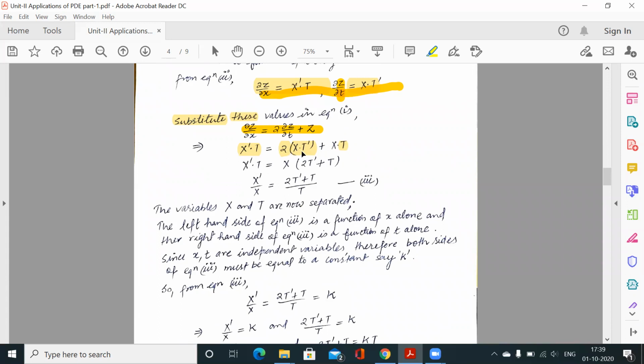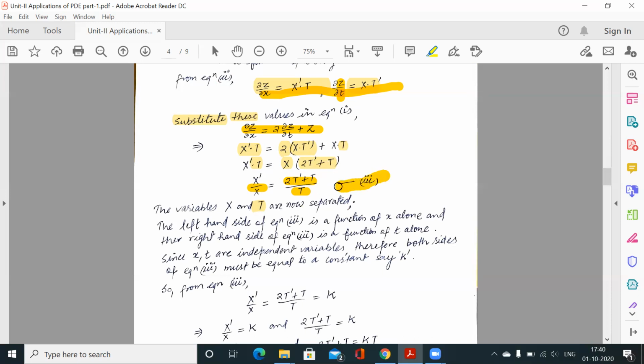So this is X dash T. Now in these two terms we can take X common. So X is common. What is left? 2T dash plus T, and this is X dash T. So we can keep this X under the denominator. So X dash over X is equal to 2T dash plus T, over capital T. This T will be the denominator of this.